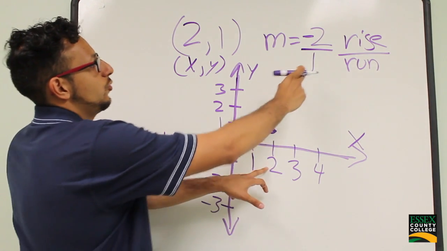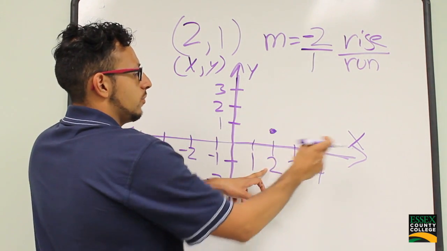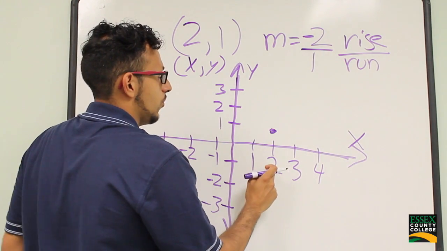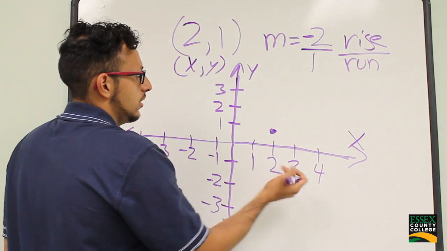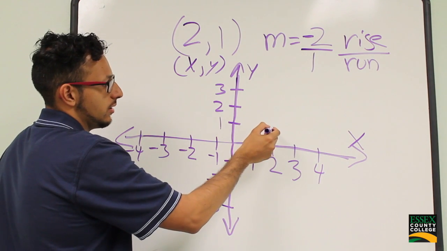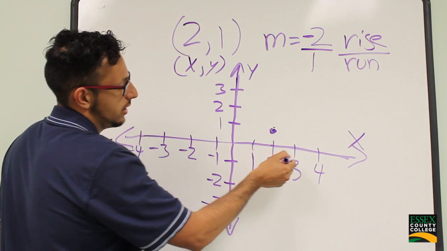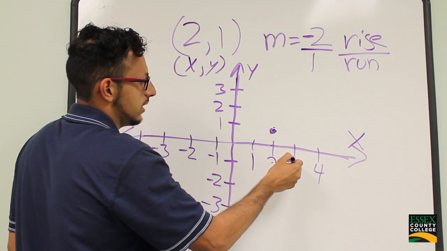And then we run 1, so 1 to the right because it's positive. Positive is going to the right. So from the point, we go down 1, 2, and over 1, which is right here.